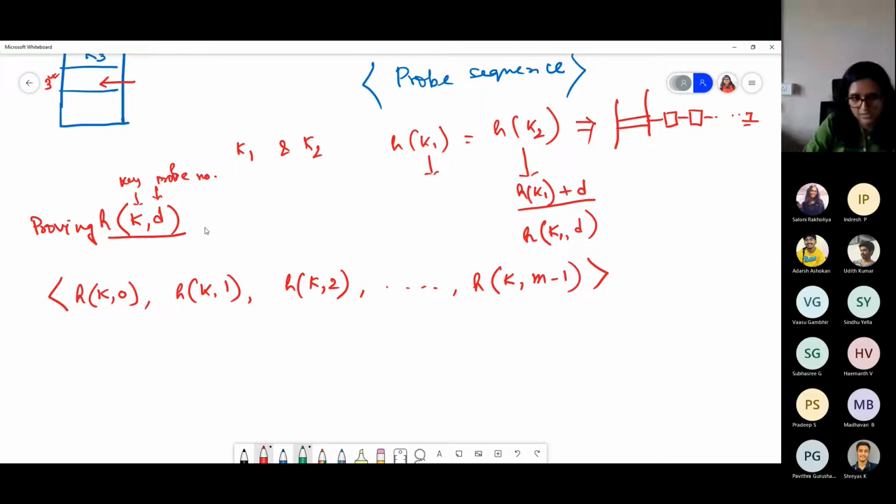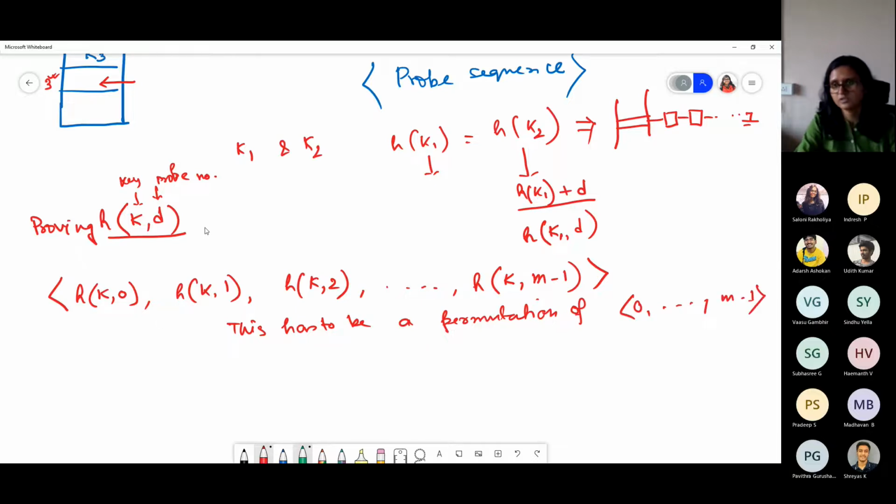Now this has to be a permutation of 0 to m minus 1. If this is not a permutation of 0 to m minus 1, then what will happen? Even if you give a different probe number, you may get the same slot.